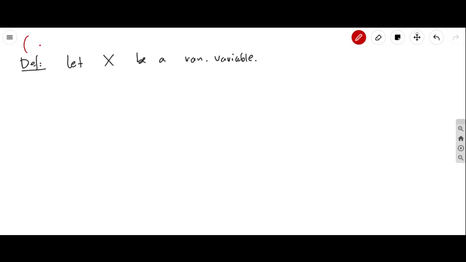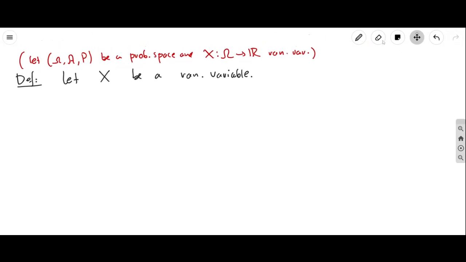So if you want to be more formal, you would say, let (omega, script A, P) be a probability space, and x is a function from omega to the real line, is a random variable. But we often never write this. We just say, let x be a random variable. It is understood that somewhere in the background, hidden, there is a sample space.